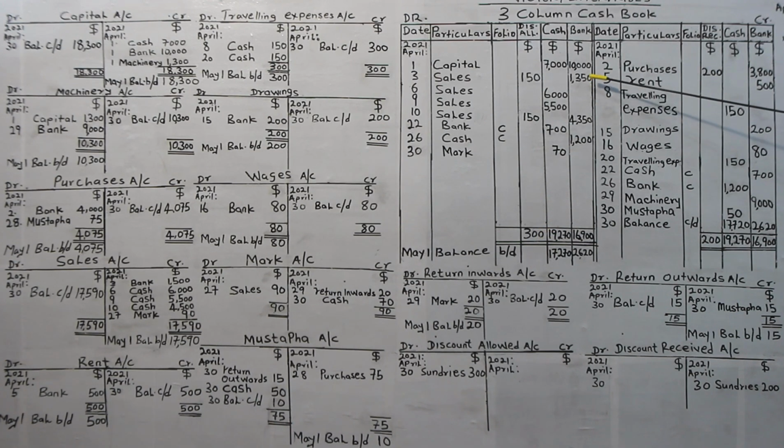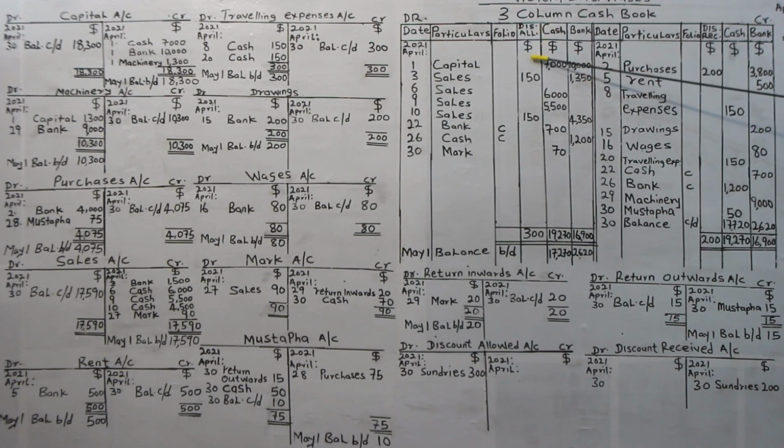Remember that it was when we debited the bank for receiving 1,350 that the discount allowed resulted, because the addition of 150 and 1,350 gives us 1,500. So this discount allowed is part of the debit entry that completes this.